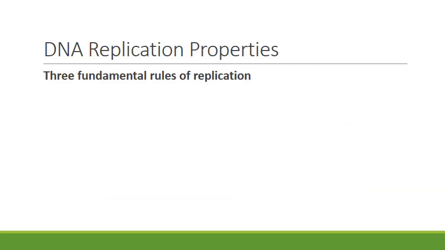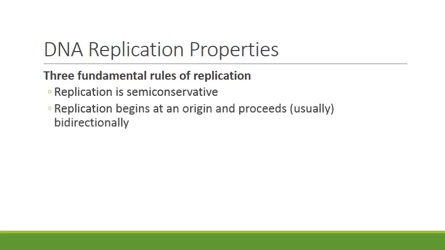So there are three fundamental rules of replication. The first one being what we just talked about, which is that replication is semi-conservative. In DNA replication, one of the strands is from the old DNA, and one is a new strand. Replication begins at a certain point.